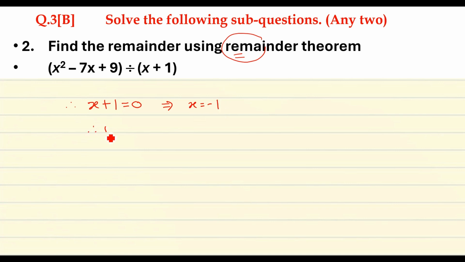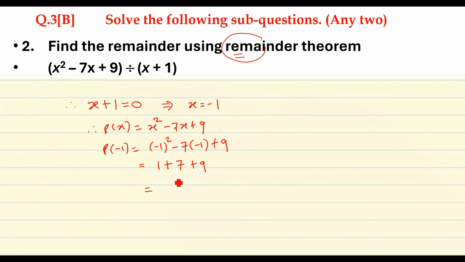Now the given polynomial is p of x, x square minus 7x plus 9. Now I will replace x by minus 1. So this is equal to minus 1 square minus 7 into minus 1 plus 9. Minus 1 square is plus 1, minus minus plus 9, and the total will be 17.